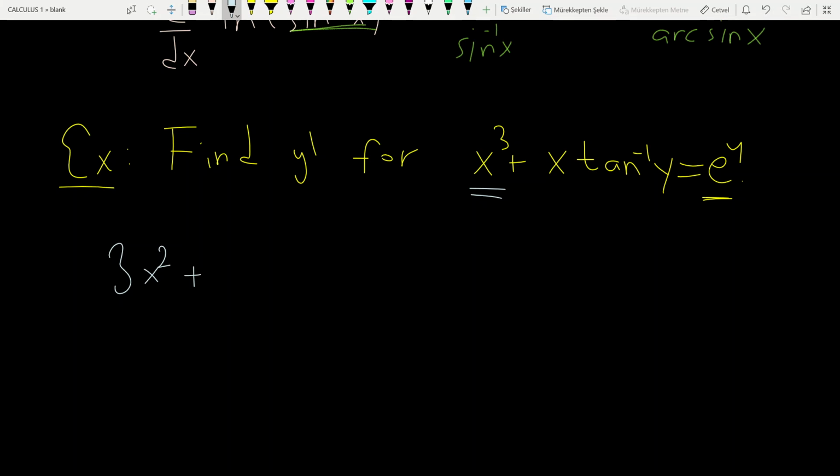So done. Derivative of second expression with respect to x. As you see, you have multiplication of two functions. The first function is x. The second function is arctangent y.